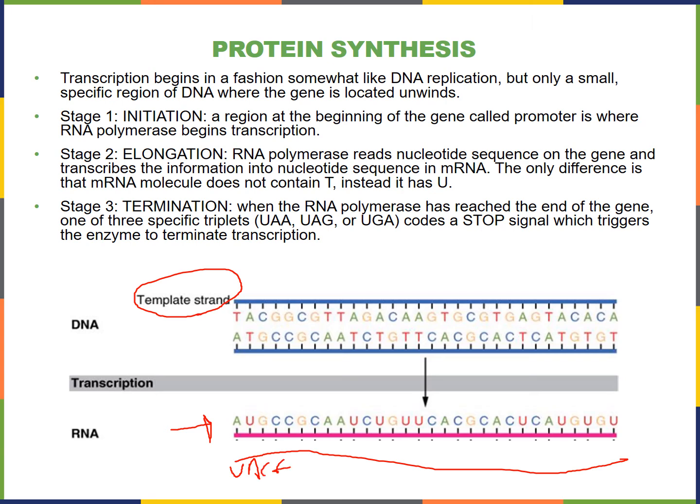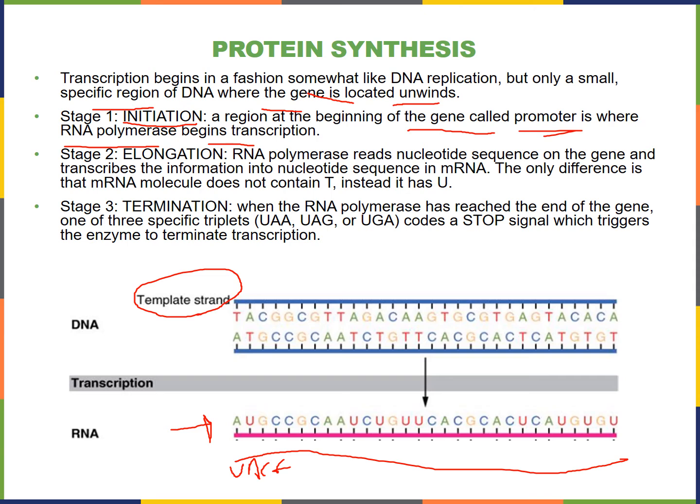Transcription begins in a fashion somewhat like DNA replication, but only a small, specific region of DNA where the gene is located unwinds. Initiation: a region at the beginning of the gene called the promoter is where the RNA polymerase begins transcription.